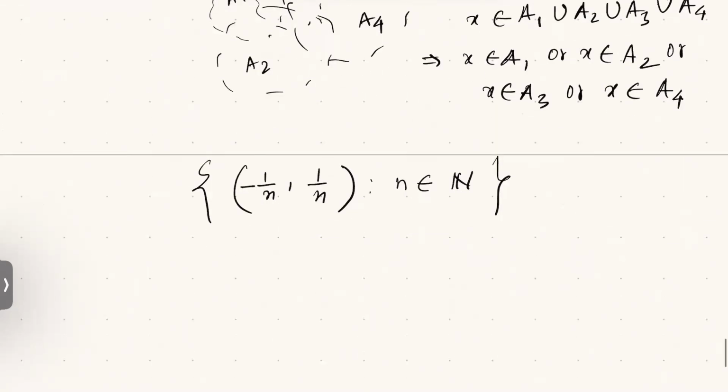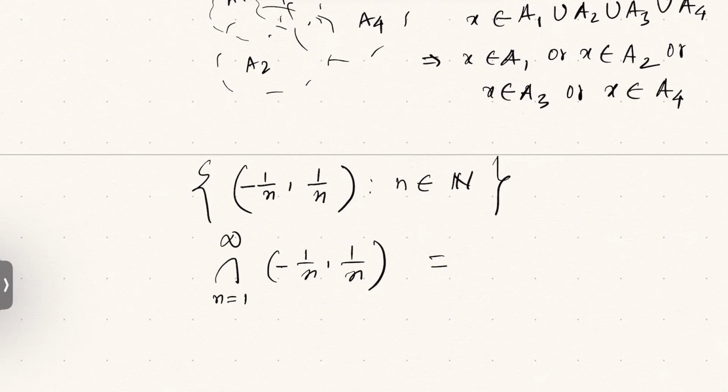Okay, and if I take the infinite intersection, n equals 1 to infinity, of (-1/n, 1/n), this gives me what? Empty set?